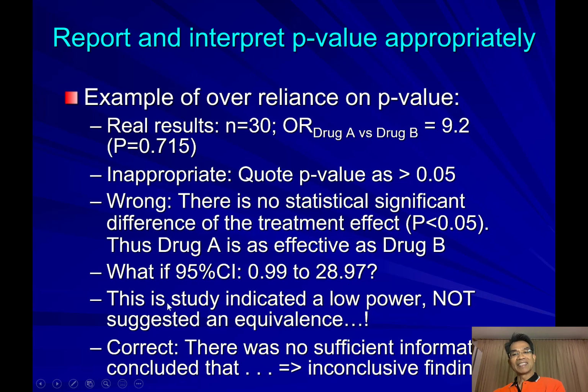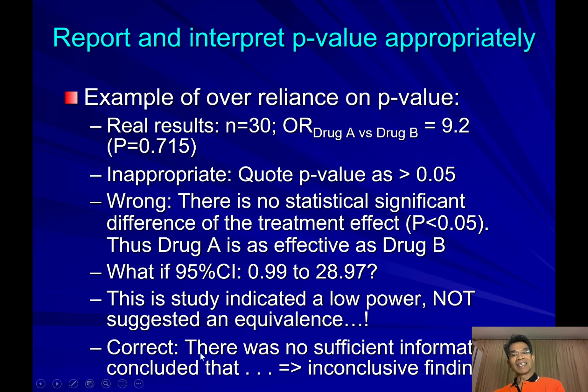That means this study has non-significance with low power. It doesn't suggest no difference or equivalence. It really differs a lot, but there is low power and it cannot detect significant findings.